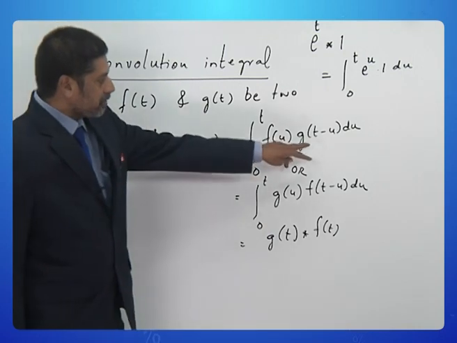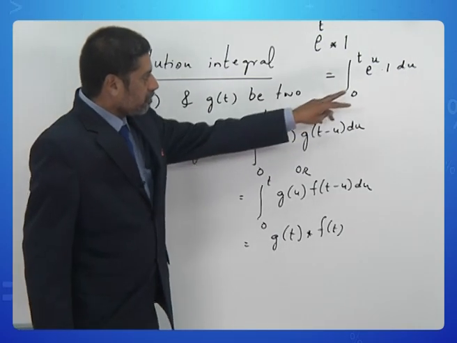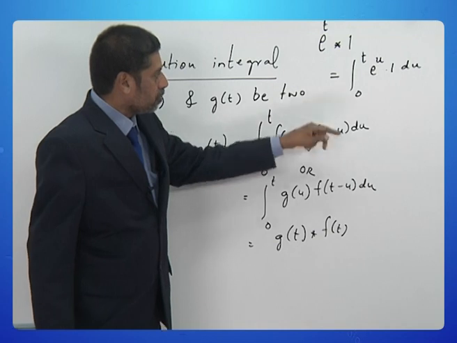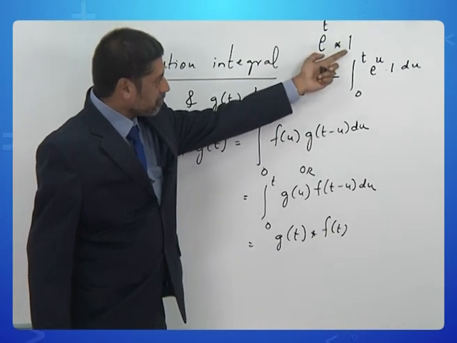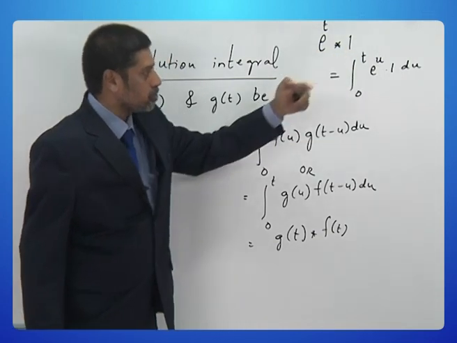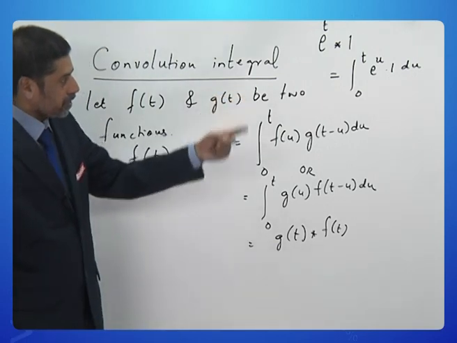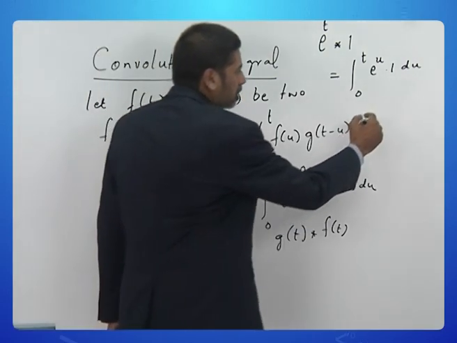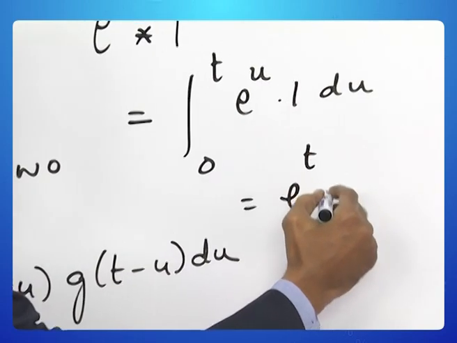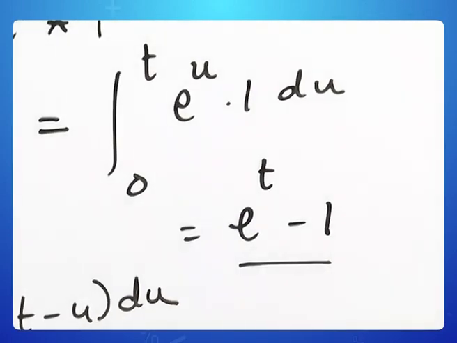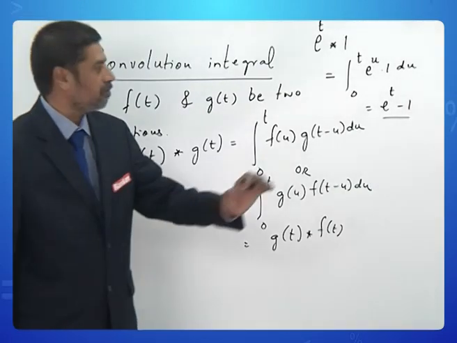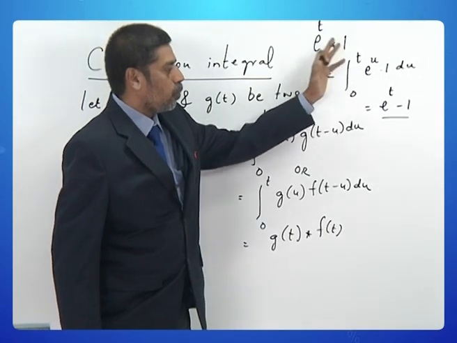So we are using this definition. Because f of t is equal to 1, f of t minus u will also, because g of t is 1, g of t minus u is also equal to 1. So you integrate that function and apply the limits, and you will get e power t minus 1 as a convolution of e power t and 1.